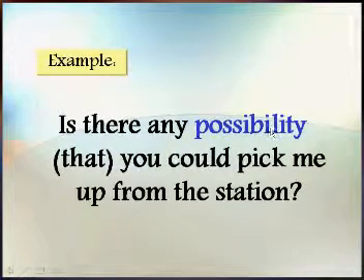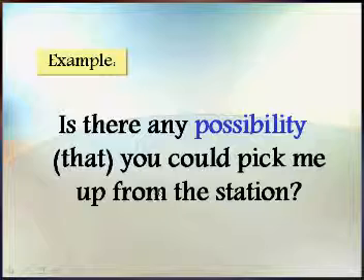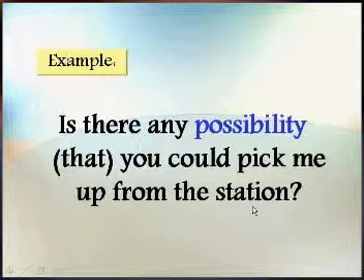Another example. Is there any possibility that you could pick me up from the station? We have the word that between brackets because it's an optional word. You can use it or you cannot use it. It's up to you. Possibility.